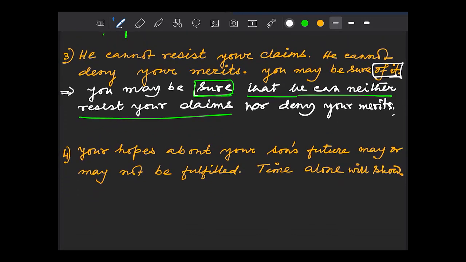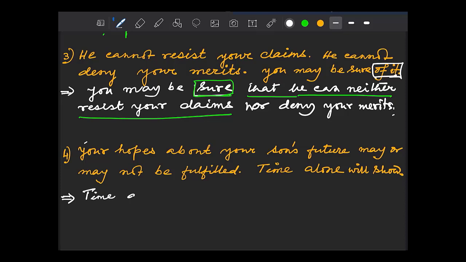Now this one, the last question, I think. Your hopes about your son's future may or may not be fulfilled. Time alone will show. So start with time.